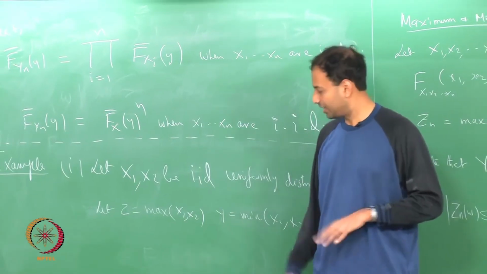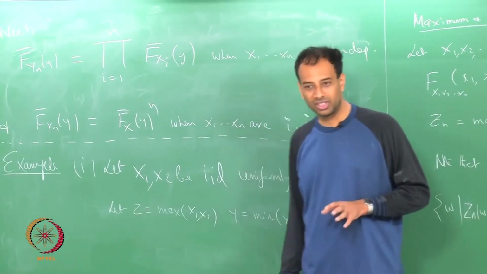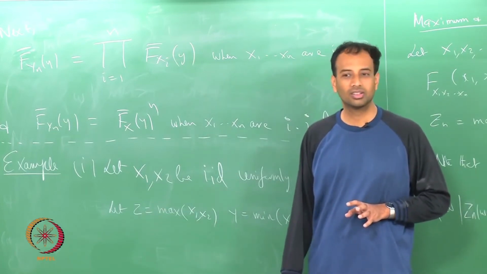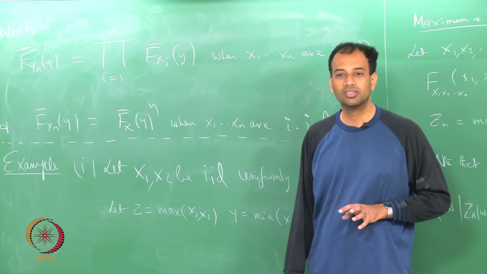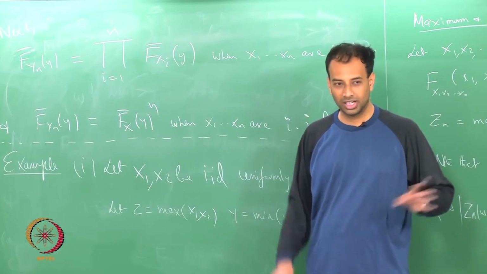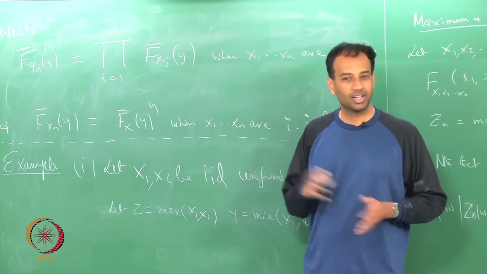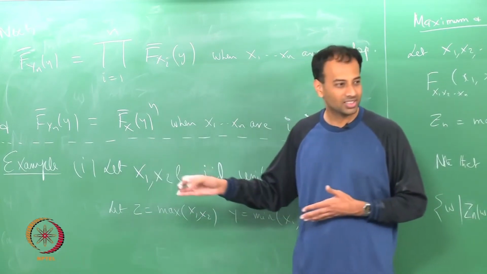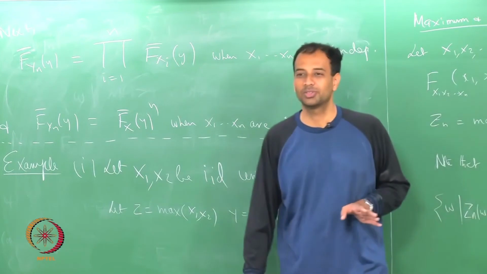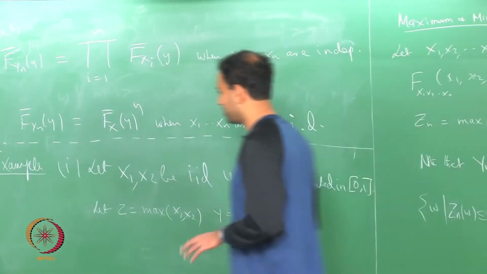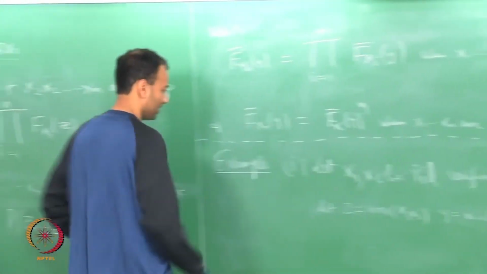And if you look at the distribution of z, what do you think it will look like? It will be more towards 0 or more towards 1. So, z will have more mass towards 1 and y will have more mass towards 0, that is what you would expect.